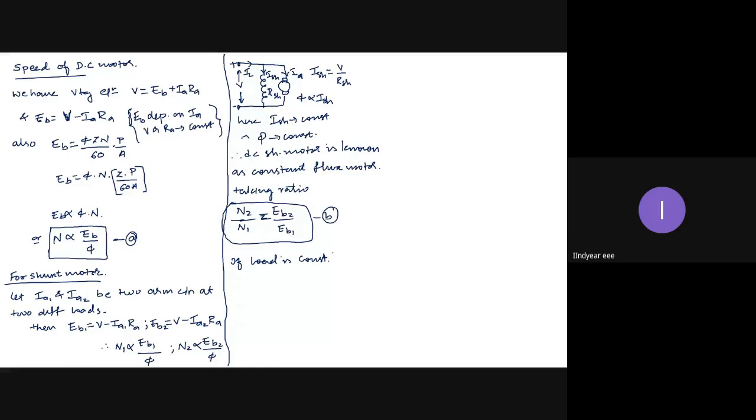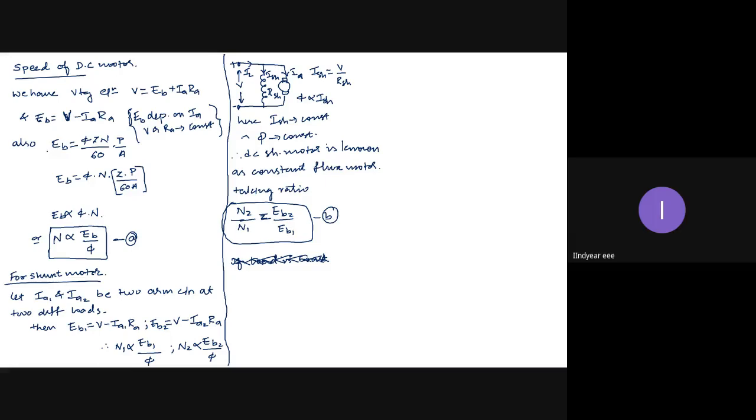No doubt on any motor, if load is constant, speed is constant, but I don't want to prove it here. Okay, we will leave this point here only. Okay, what if load is constant?